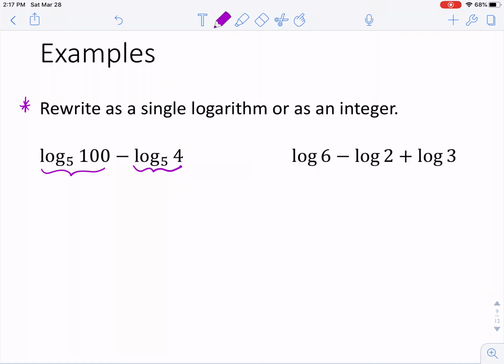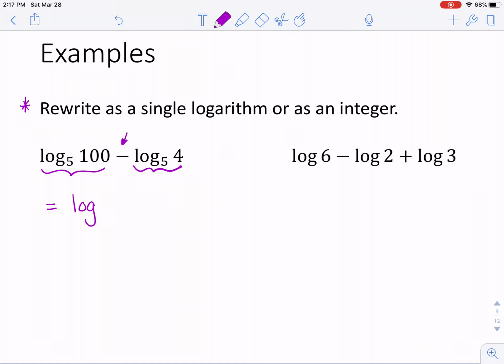Notice they have the same base, because that's the only way these things are going to work. So both of them have base 5. The operation between the two logarithms is subtraction. So that means I'm going to rewrite them using not a multiplication, but division.